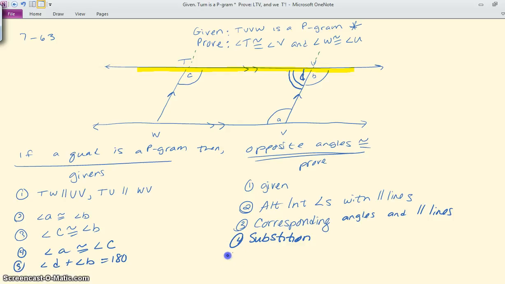And that's because they are supplementary. I can add to my alternate interior angles with parallel line step that angle C is congruent to angle E.